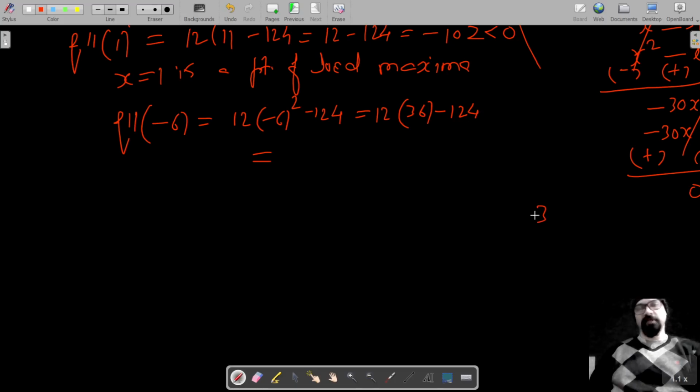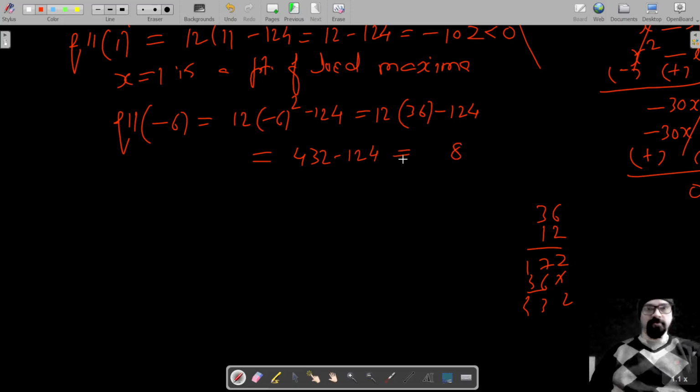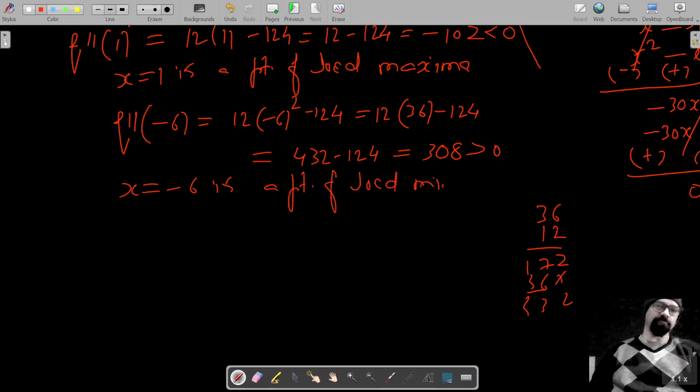This is 432 minus 124, which is 308, greater than 0. So that means x is equal to negative 6 is a point of local minima.